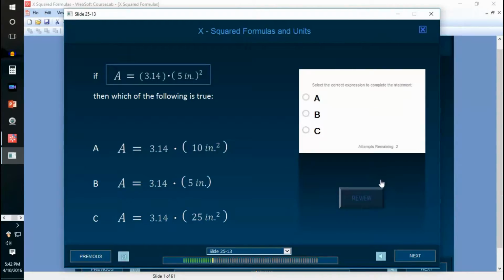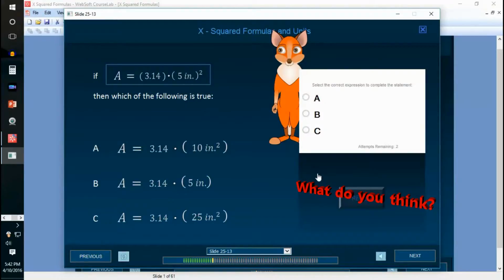If A equals 3.14 times the quantity 5 inches squared, then which of the following is true? Very nice. Answer choice C is the correct calculation.